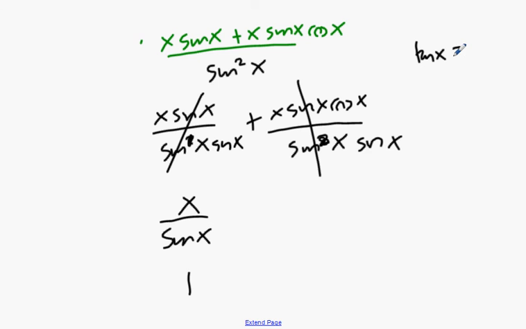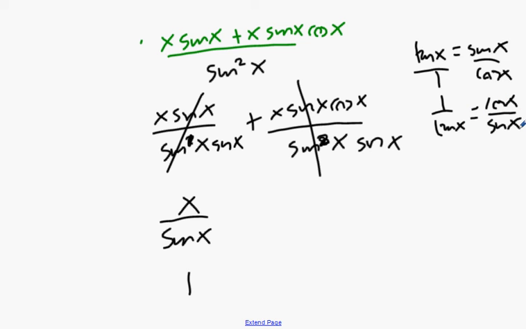Tan x is sine x over cos x. Turn it upside down. So 1 over tan x equals cos x over sine x. You did that trick again. And so cos x over sine x is 1 over tan x, guys. 1 plus 1? 2.